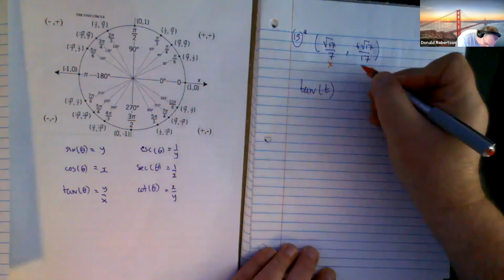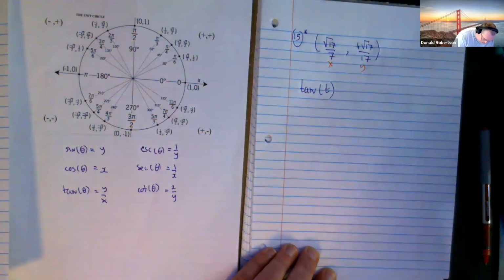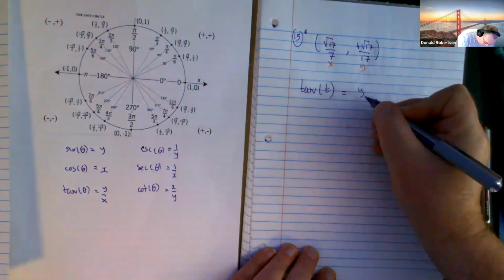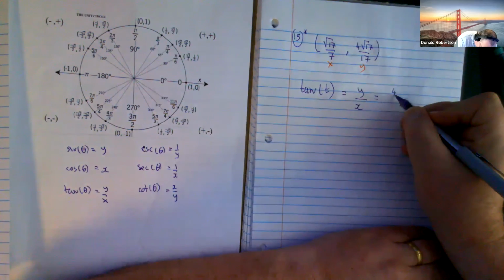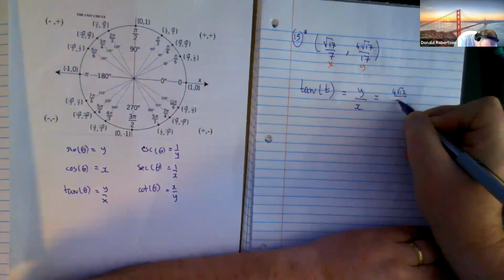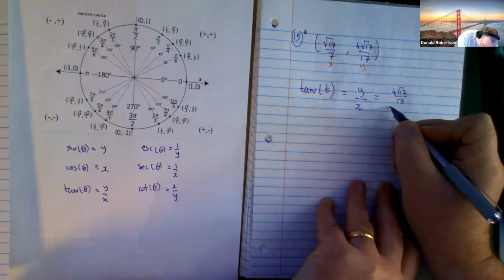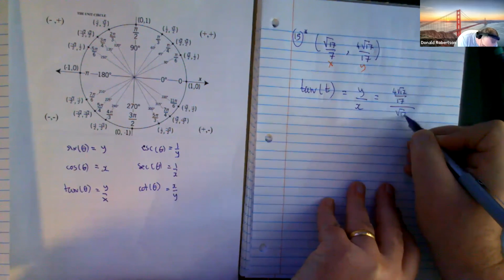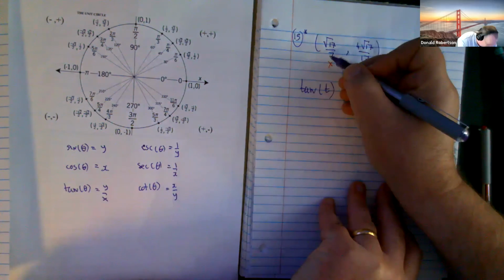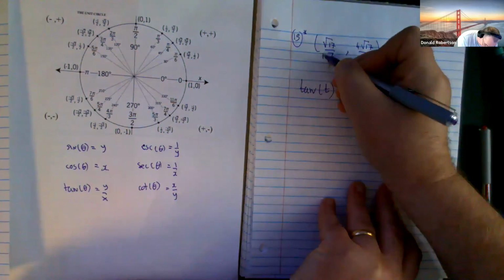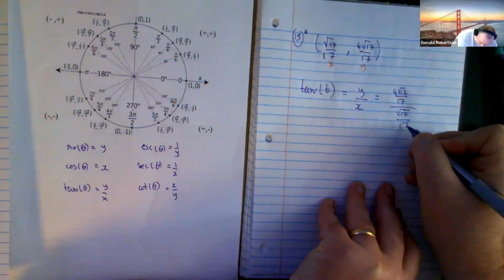So there's my X, there's my Y. The tangent is the Y coordinate divided by the X. 4√17/17 over √17/17.